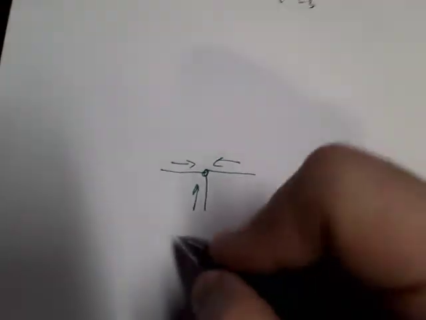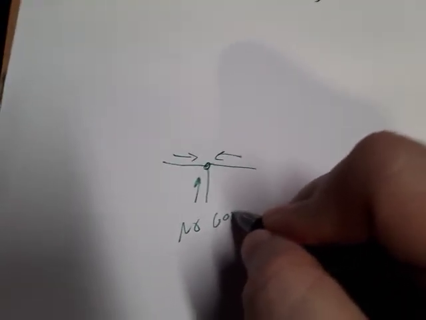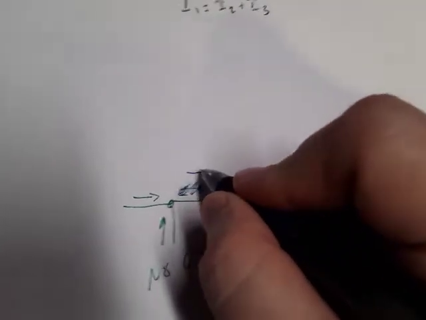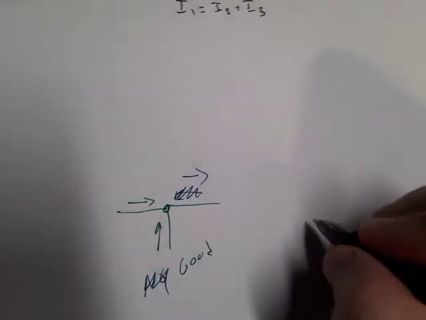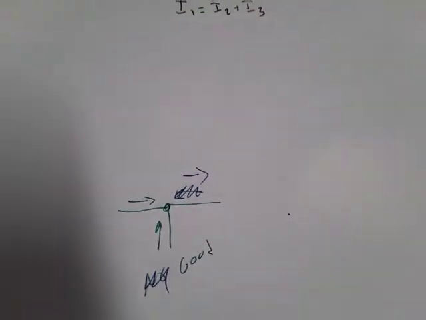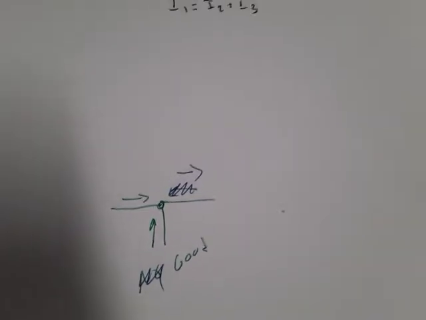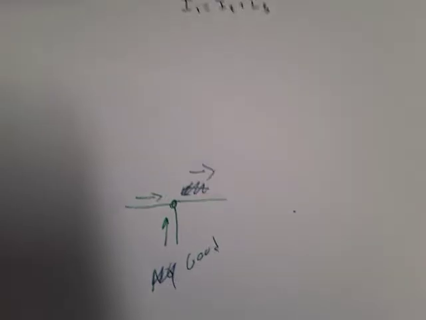Right? That's no good. You have to pick at least one of these going outwards. Right? You have to pick a branch that carries current away and branches that put current in. But otherwise, you have lots of flexibility on that.